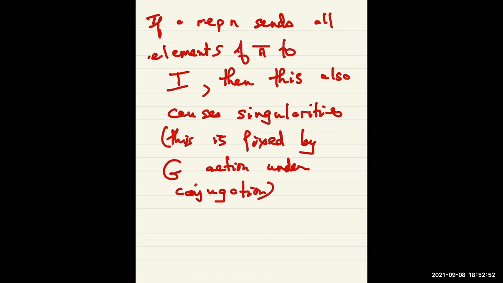So I think the problems are not that the representation space is singular, but that you get stabilizers in the conjugation action. And that may lead to the character variety being singular.